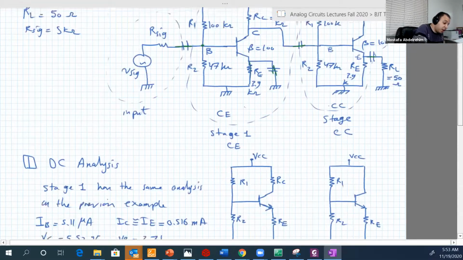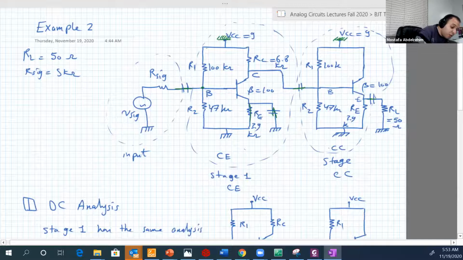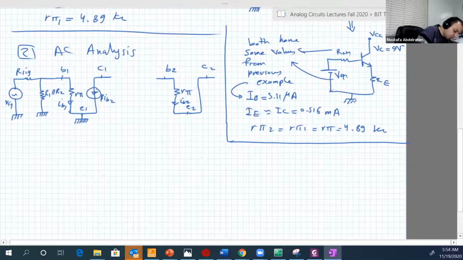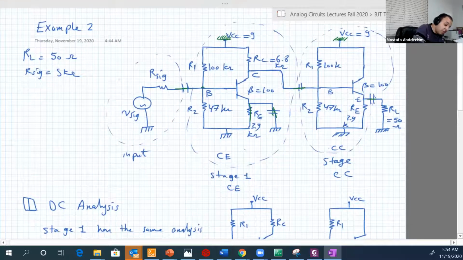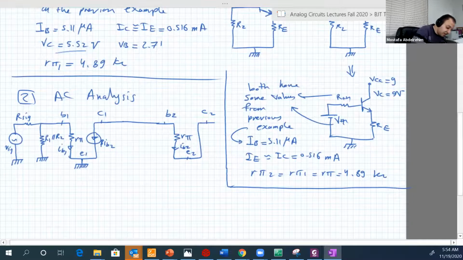So if we look here, collector 1 now is connected to base 2. Like this. And also, between the collector 1 and the ground there is RC. This is the last thing in that stage.